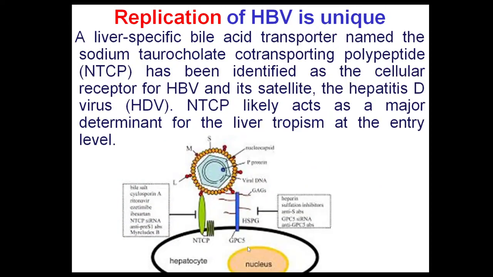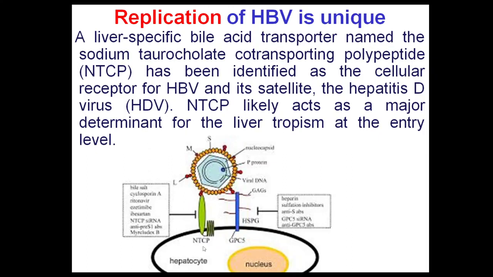A liver-specific bile acid transporter named the sodium taurocholate co-transporting polypeptide has been identified as the cellular receptor for hepatitis B and its satellite, the hepatitis D virus. It likely acts as a major determinant for the liver tropism at the entry level. It means the virus may enter those cells that keep those receptors.